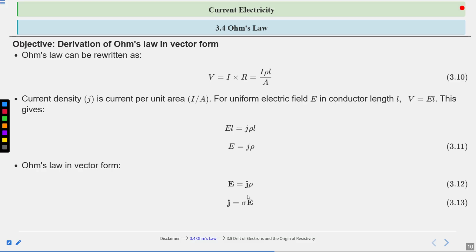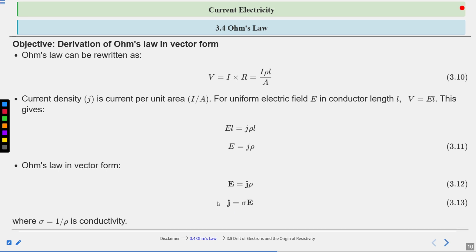Sigma is not surface charge density here. Sigma here is conductivity. Okay, in electrostatics we used sigma as surface charge density, but in this chapter, current electricity, sigma is 1 by rho.